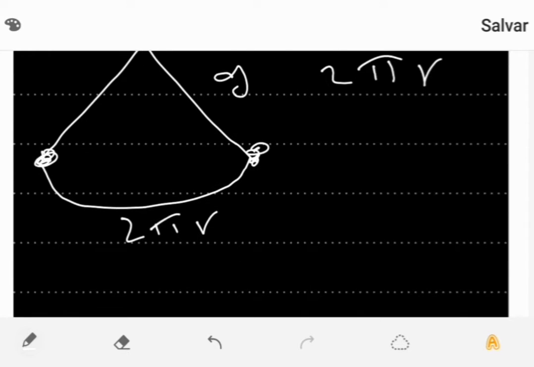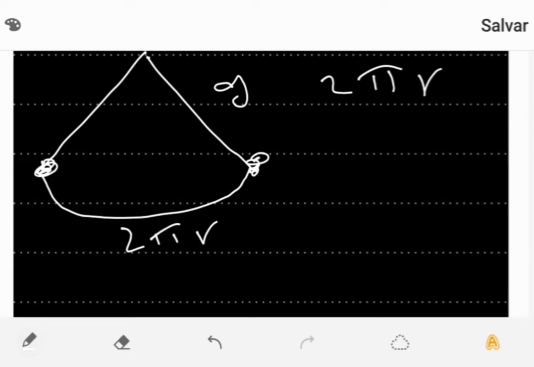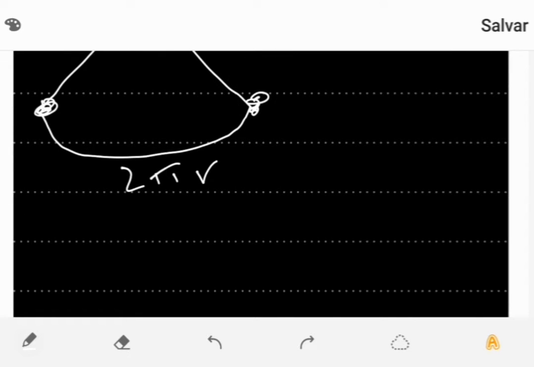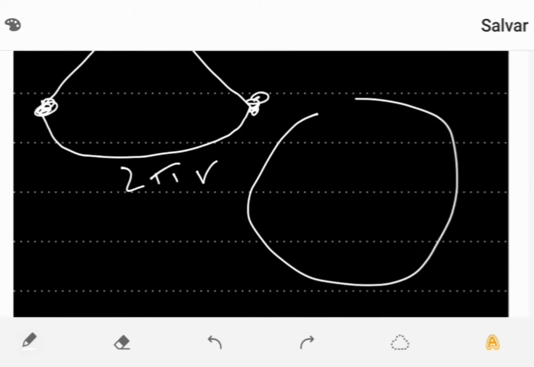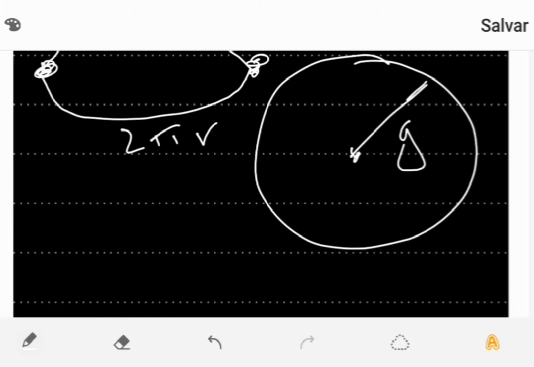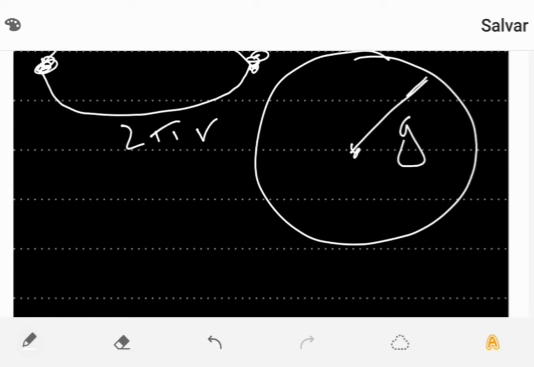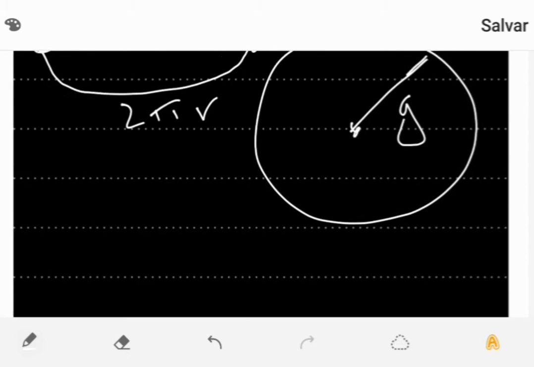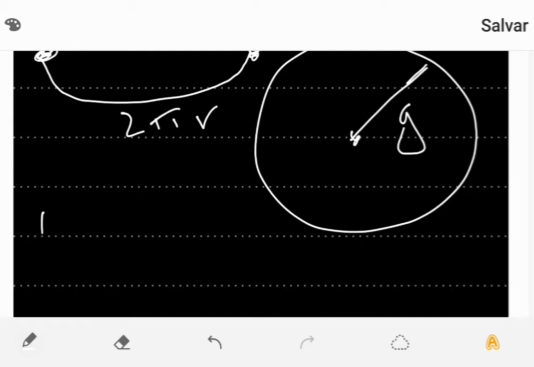So look, the value of the area that we want is this area over here. If we had a full circle, a big circle with a radius G, how much would the area of this big circle be? Well, the big circle would be π multiplied by the radius squared, but the radius is G, right?